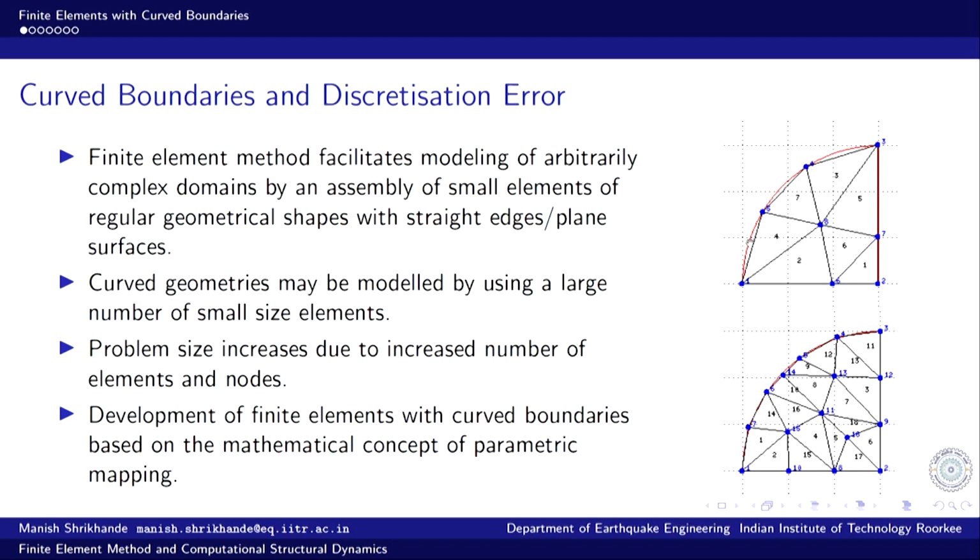Now, this discretization error can be reduced if I use smaller size elements. For example, in this case the same domain is discretized using about 18 finite elements, again 3 node triangles, but you can see that the error in the modeling of the domain itself, the gap between the original problem domain and the boundary of the finite element mesh, is much reduced in this refined mesh, and this can be further refined if I use further smaller elements.